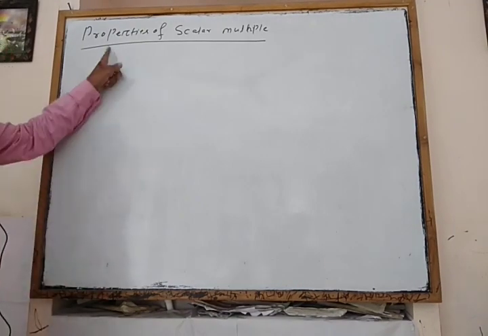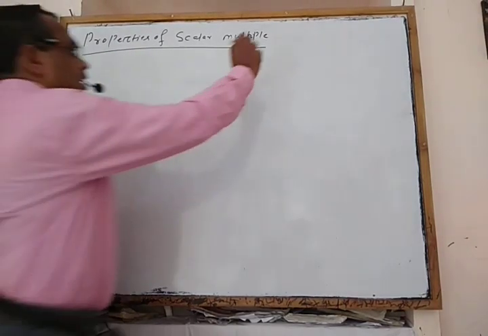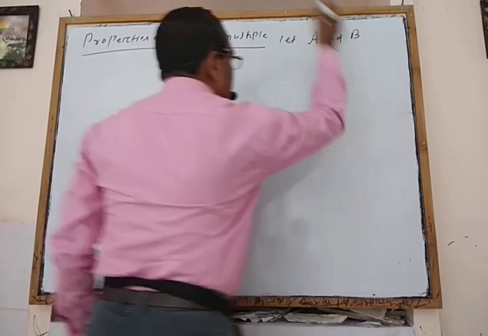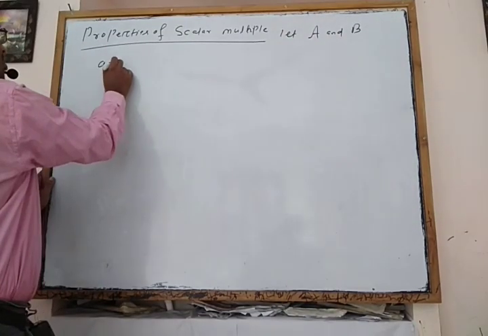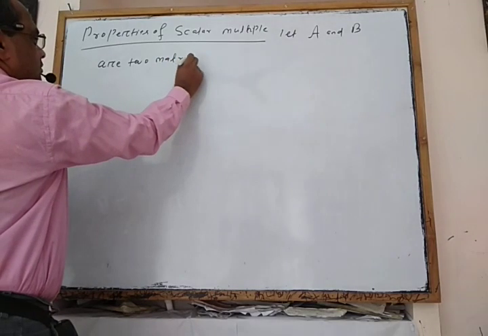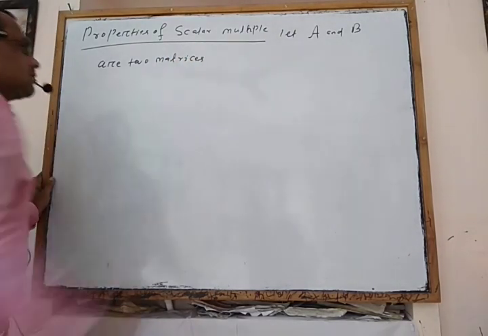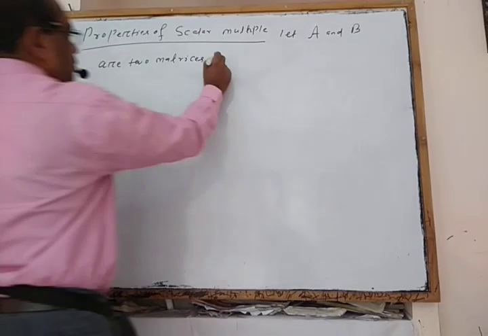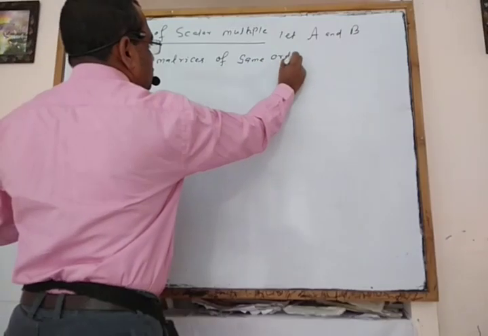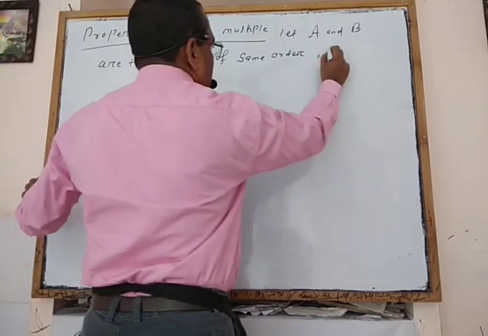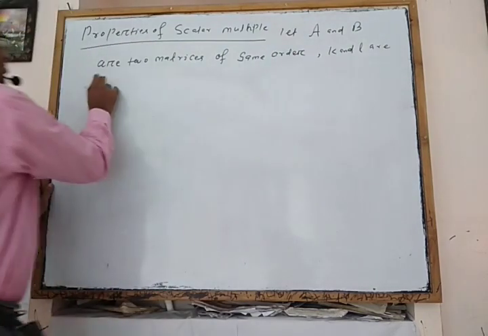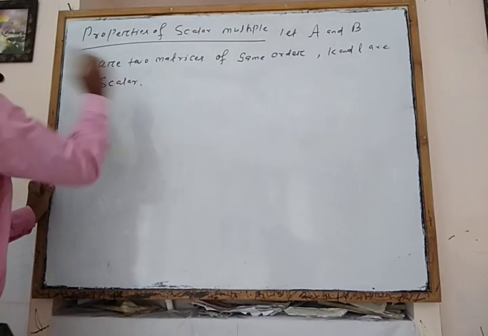Properties of scalar multiple. Let A and B be two matrices of the same order, and K and L be scalars.